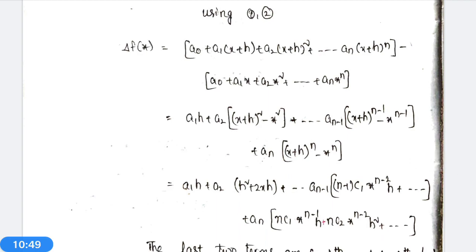Now delta fx is equal to, a0 in both series are cancelled because a0 minus a0.